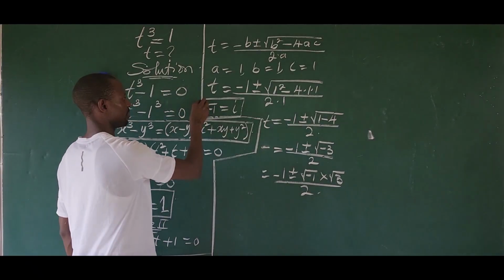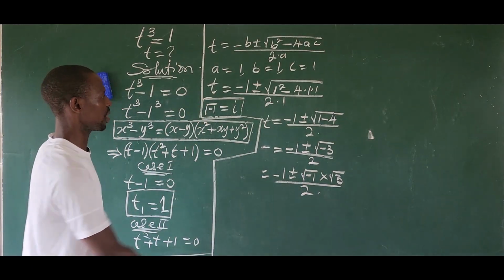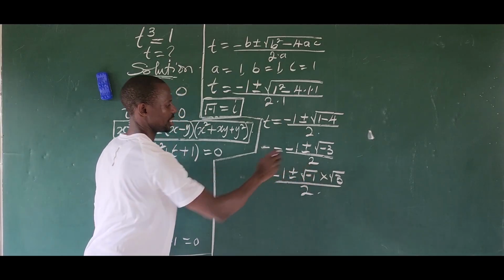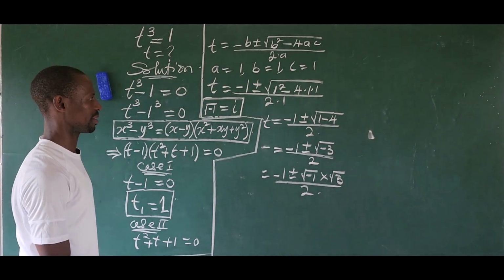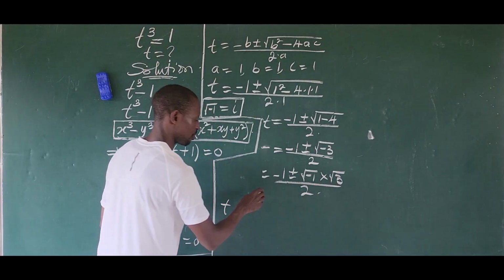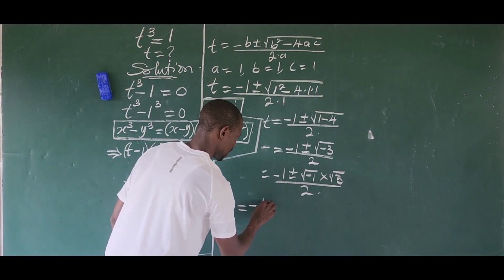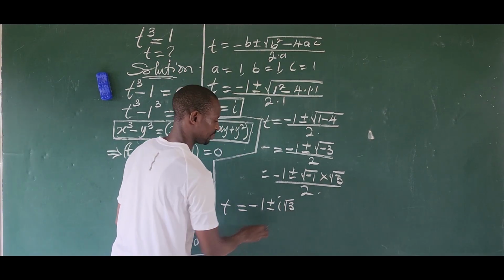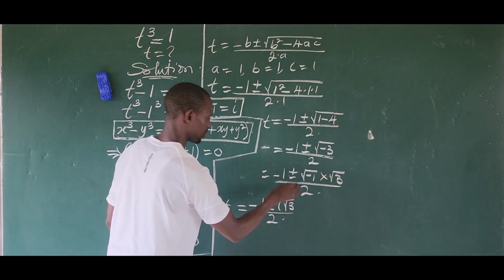All right? So if the square root of minus 1 is equal to iota, then we can put in iota there. So let's go ahead and replace this. This is going to give us t is equal to minus 1 plus or minus iota root 3, all over 2.